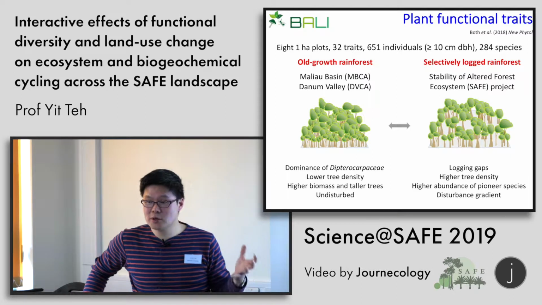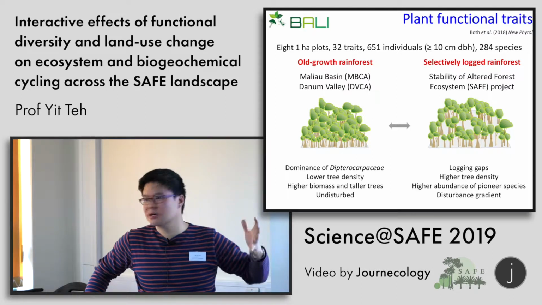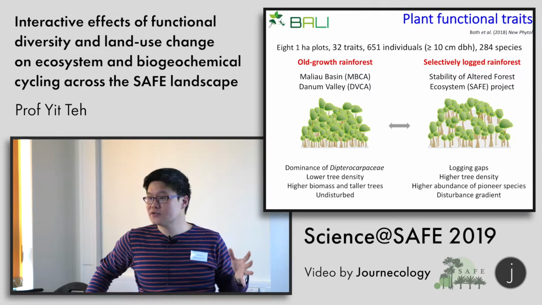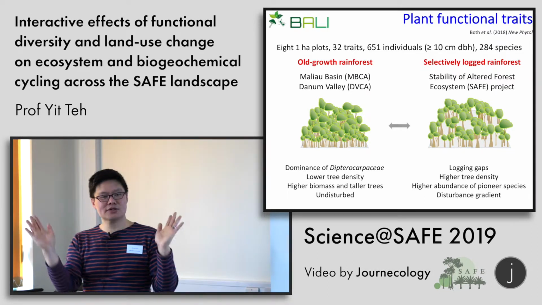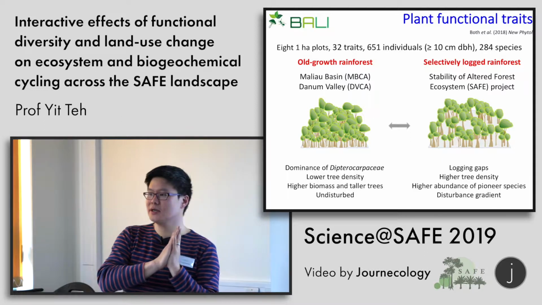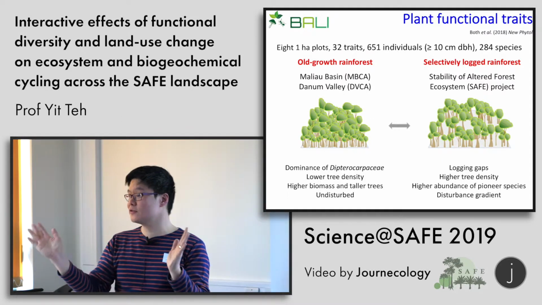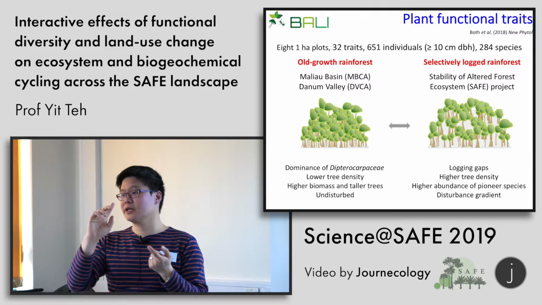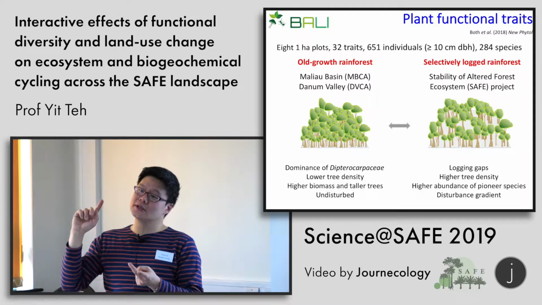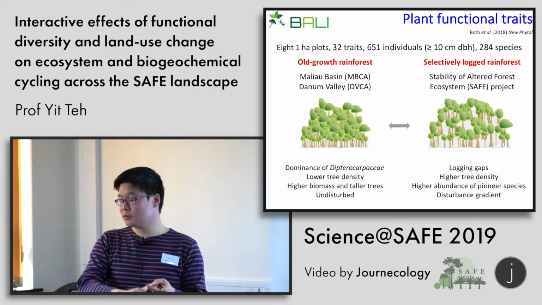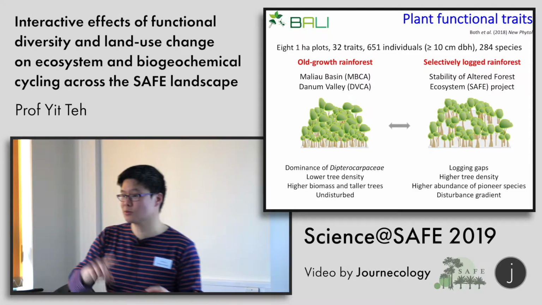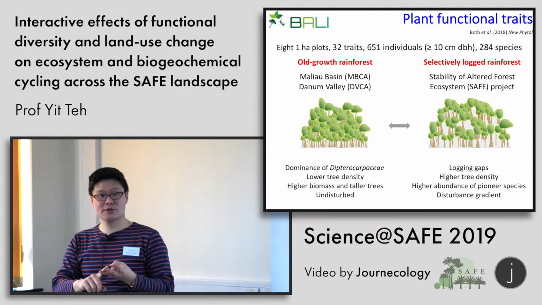As you're all probably aware, and I've talked about this before, we've done a lot of work on understanding functional trait distribution. Trying to understand functional diversity across the landscape, we implemented a number of different sampling campaigns across the gradient, looking at plant functional traits, characterizing the microbial community composition using molecular techniques, as well as doing some surveys of invertebrates and so forth.